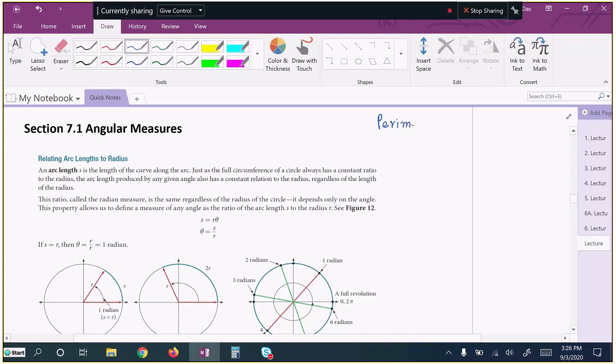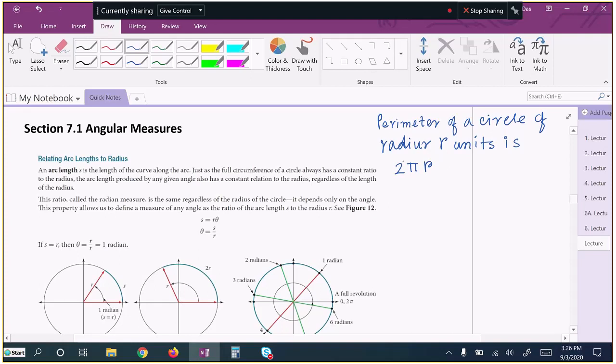So I say a perimeter of a circle of radius r units is always given by a beautiful formula, which is 2 times pi times r.